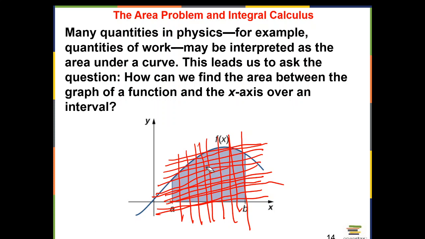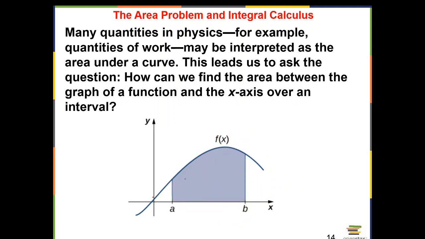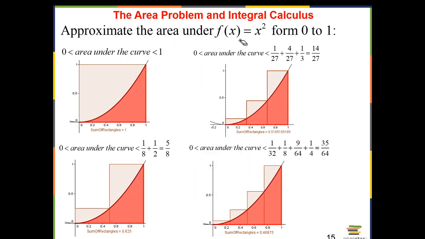So this idea of the method of exhaustion works, but you can never get the actual answer. That requires calculus. All right, so how do we do that? Let's see. Suppose we want to find the area under x squared, from 0 to 1.